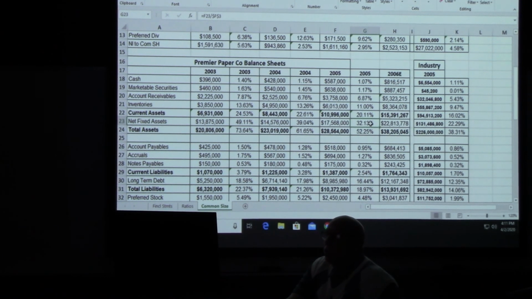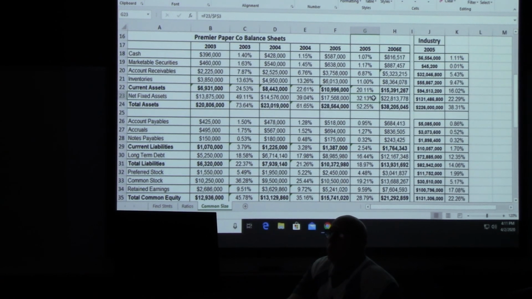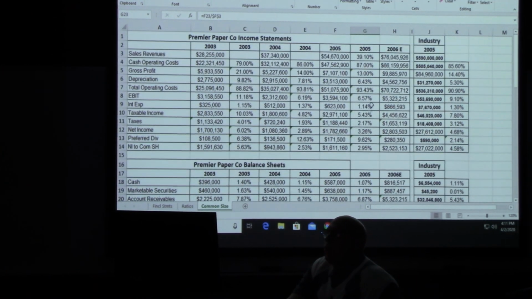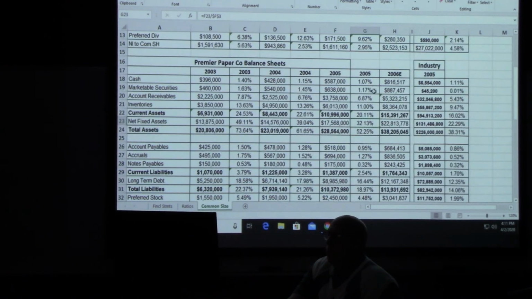It looks to me like they've gone out and spent a bunch of money on net fixed assets, and what they need to do now is stop spending money on net fixed assets and start generating more sales. It could be a unit problem, or it could be a pricing problem. Their gross margin is a little bit low compared to the industry, so they need to raise their prices a little bit or cut their cost of goods sold a little bit.